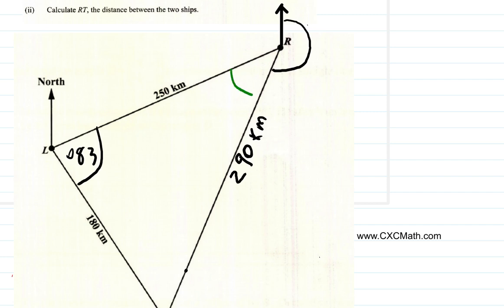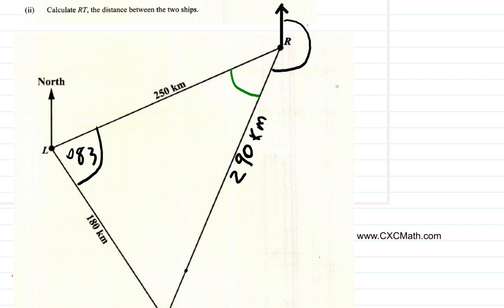Suppose you find this angle. This angle could help you. You could try the sine rule, right? In finding that angle. You could use the cosine rule too, yes, but the sine rule is a bit easier to work with. You don't have to be doing a lot of squaring and adding and subtracting and so on.